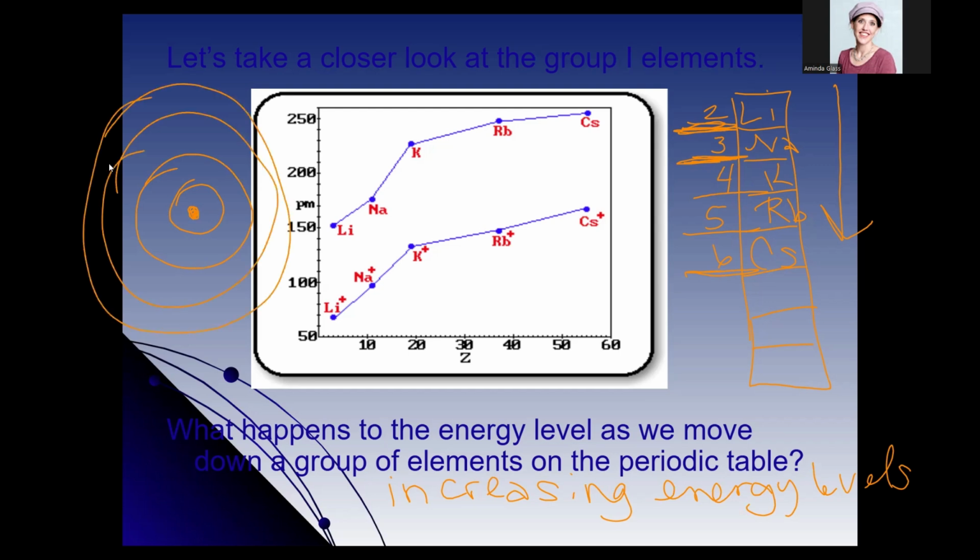We have 4 energy levels. What's happening to our size as we add more energy levels? Right. So the size is increasing. We're adding more energy levels, so those electrons are going to be farther and farther away from the nucleus because we have more energy levels. So that's why as we go down the periodic table, the atomic radius increases.